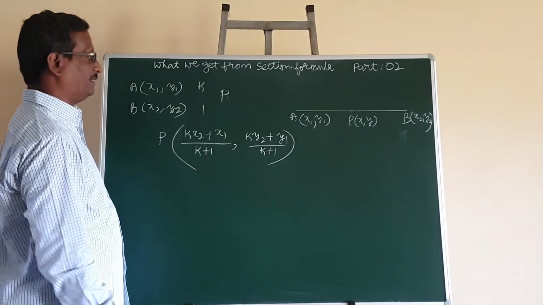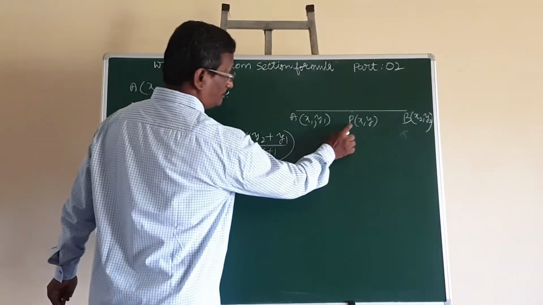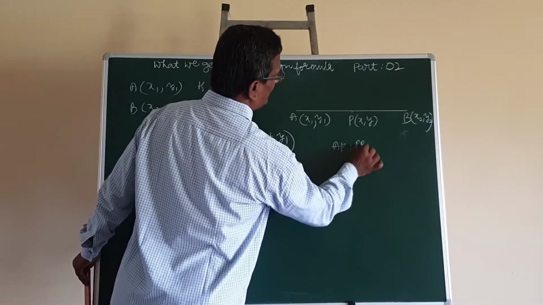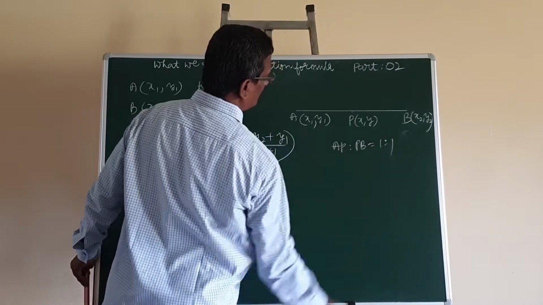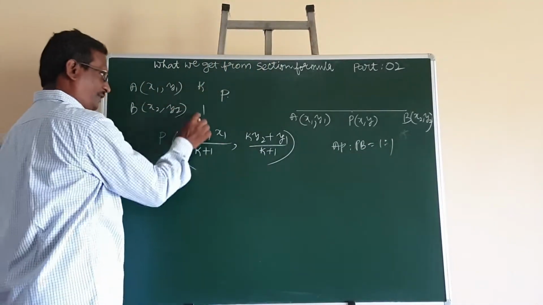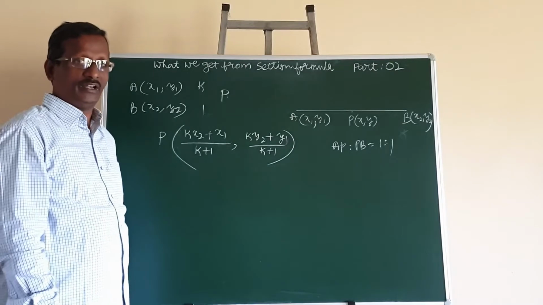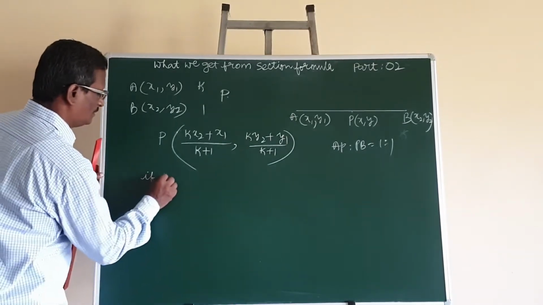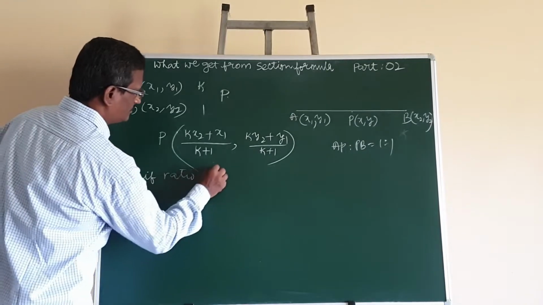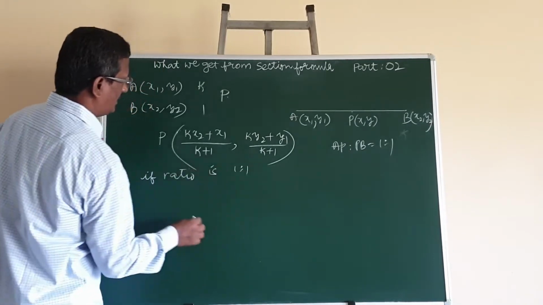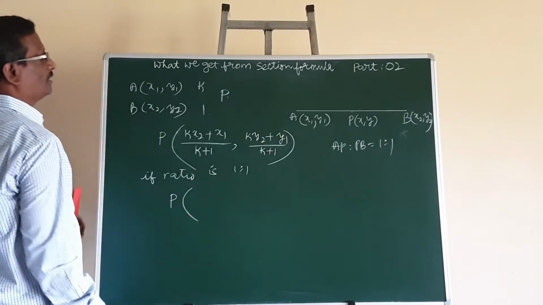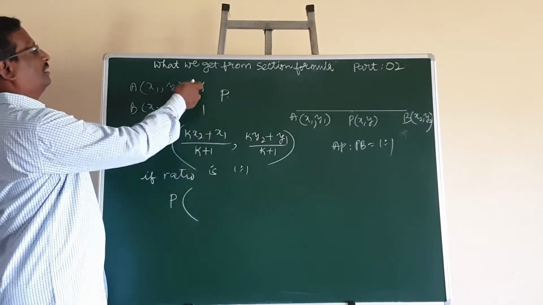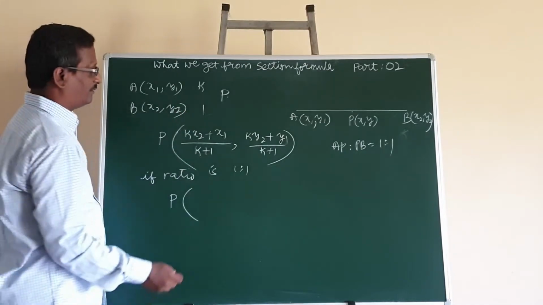Now let us apply it by taking the ratio 1:1. AP is to PB is equal to 1:1. When you take the ratio 1:1, we will get the coordinates of the midpoint of AB. If the ratio is 1:1, then for point P, in place of k we take 1.